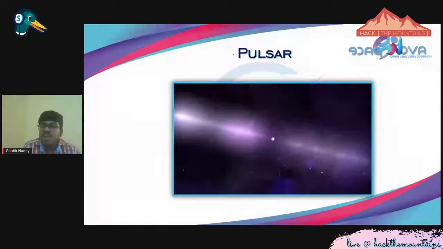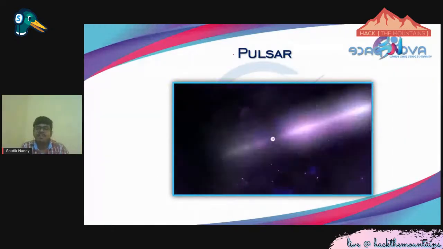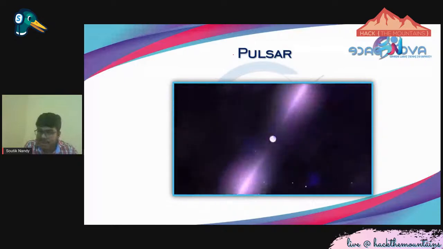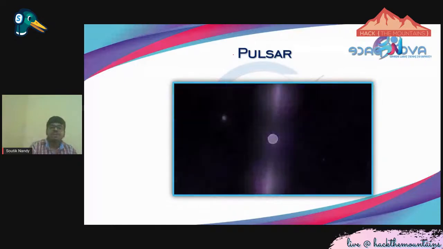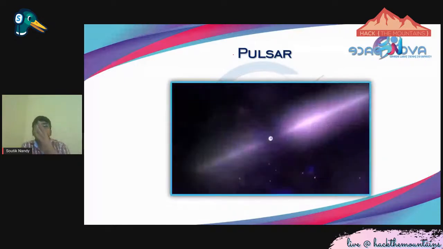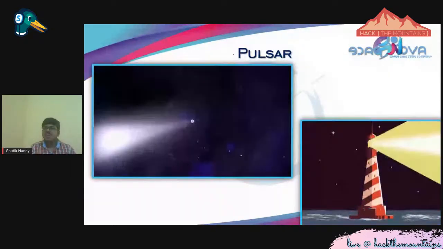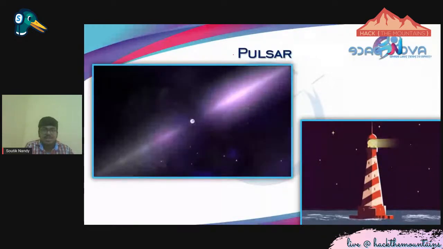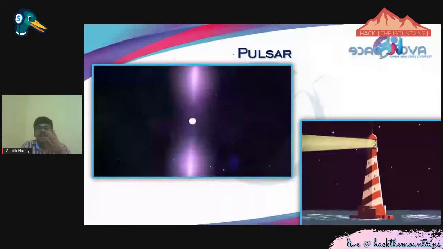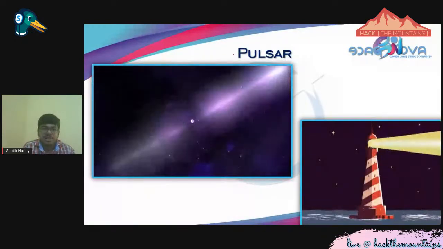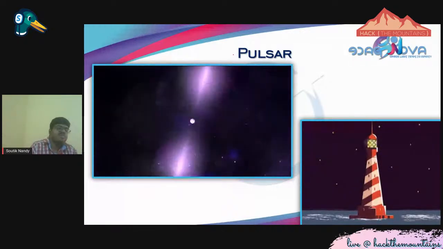If it doesn't point towards us, we cannot see it. This behavior is very similar to a lighthouse. When the lighthouse points towards us, we can see the light, and when it doesn't, we cannot. Similarly, this is the case with a pulsar.